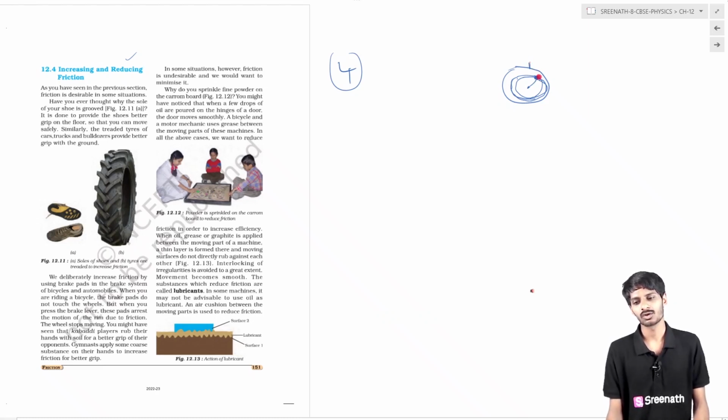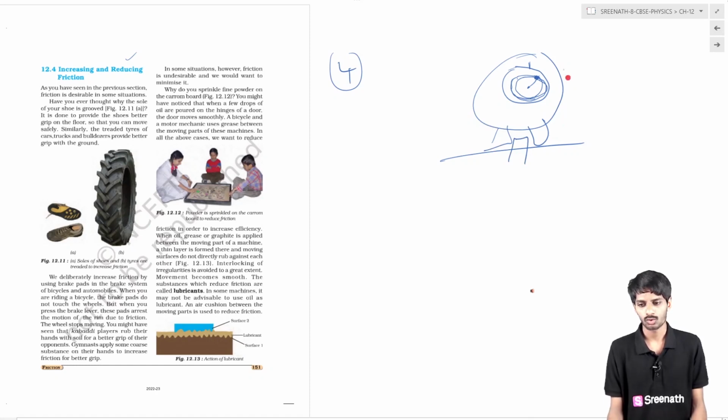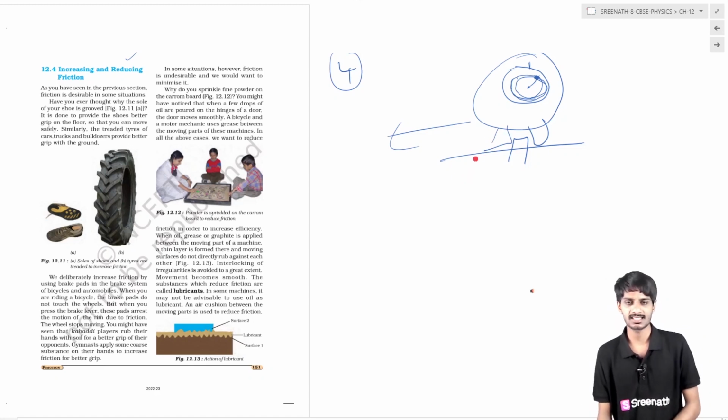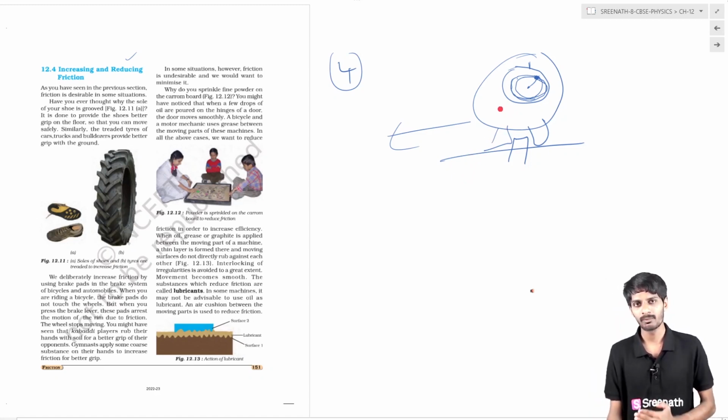So the rotation of the tire will be stopped. But if it does not have irregularities, what happens is the rotation may be stopped, but it can slide. Basically, this happens in rainy seasons. What happens when we apply brakes in rainy season? The bikes or cycles or anything will slide. In the case of sliding, their tires are not rotating about themselves.